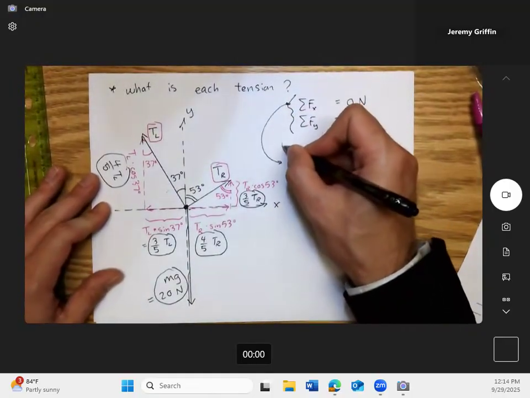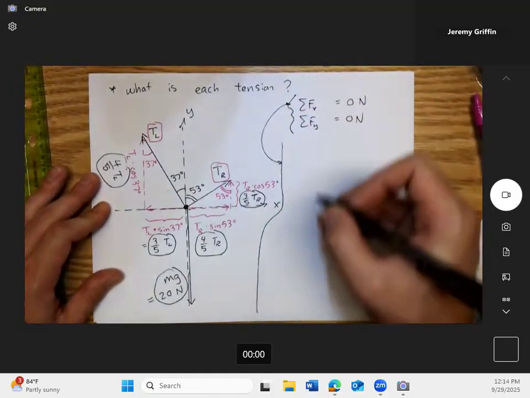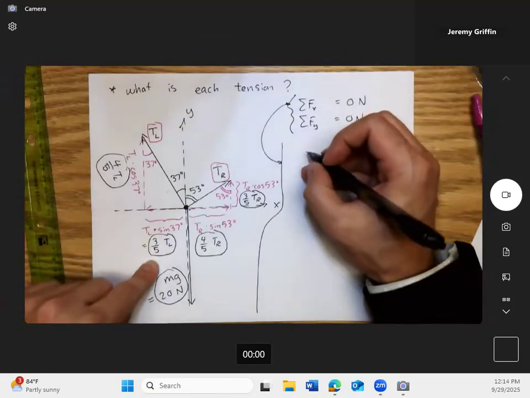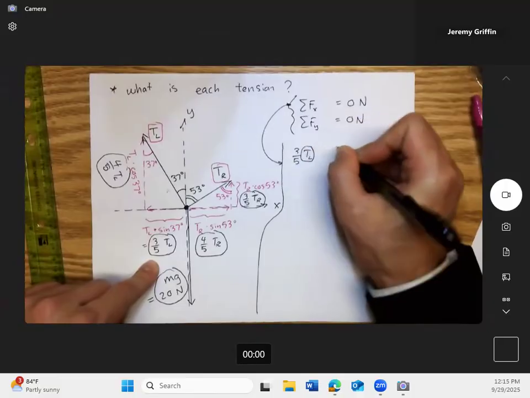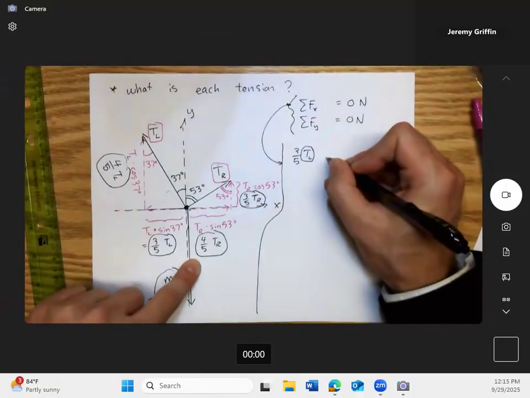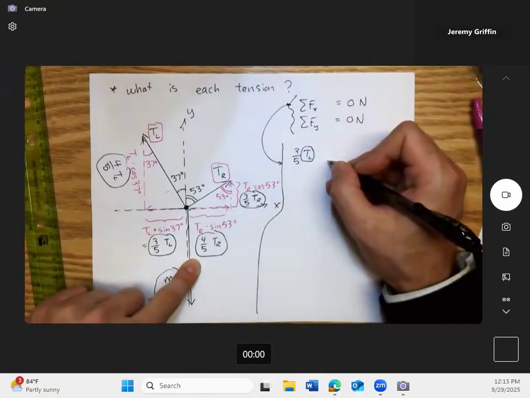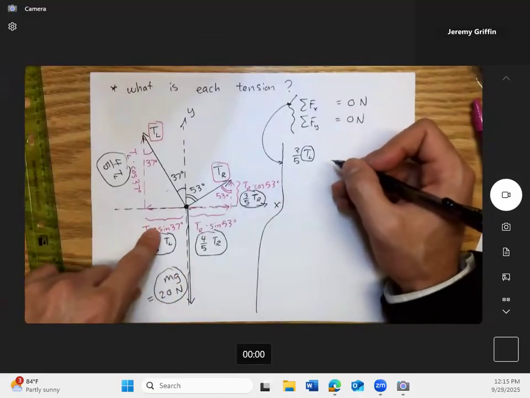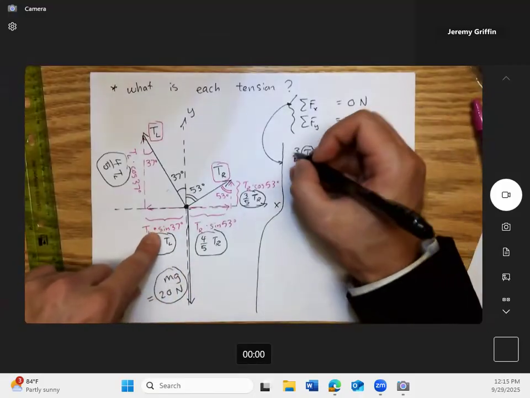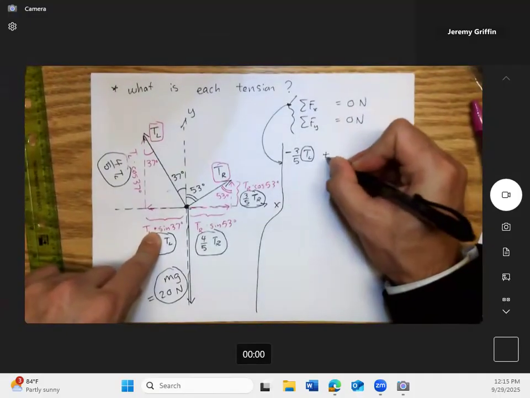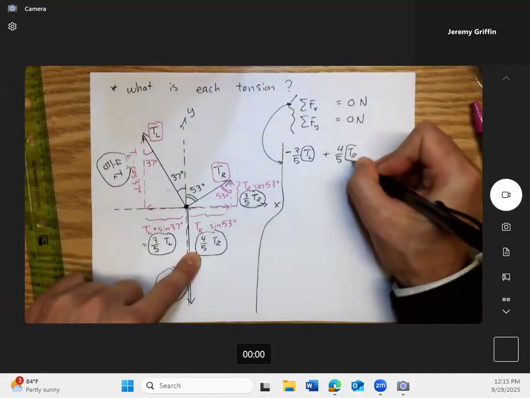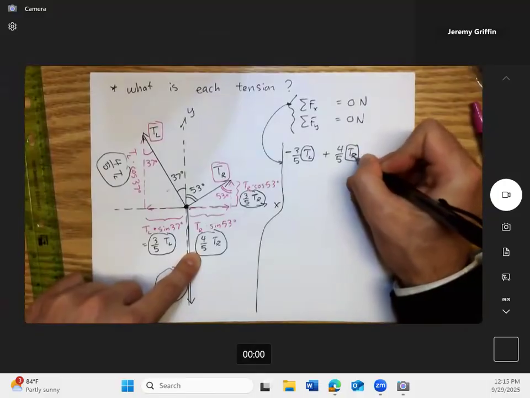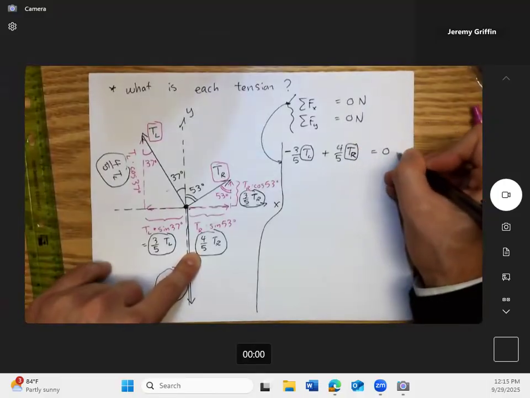Let's bring this condition right here. Okay, maybe I'll put some space here. So I'm going to say 3/5 TL, which we don't know. Since that's left, can I call that negative? Is that okay? Negative, great. Plus 4/5 TR, tension right, has to go to 0 newtons.